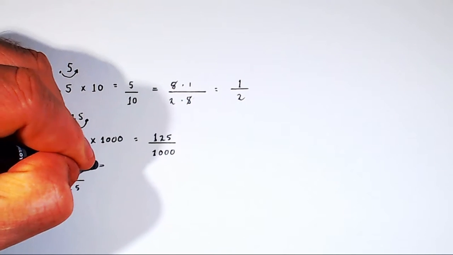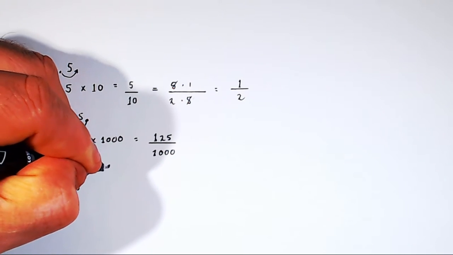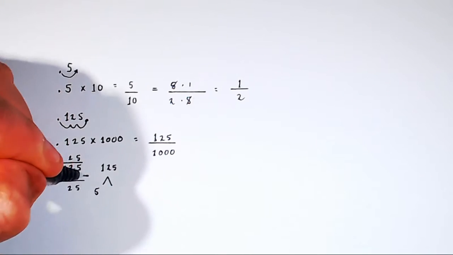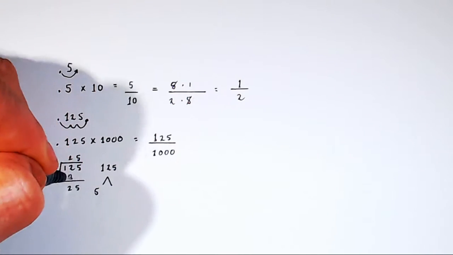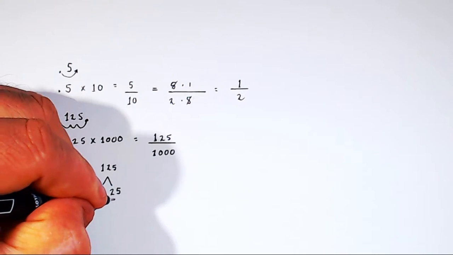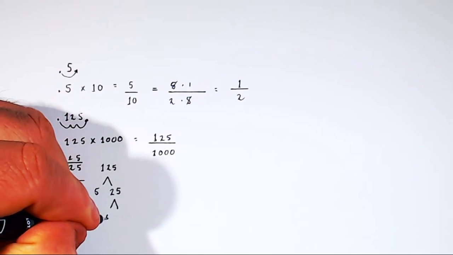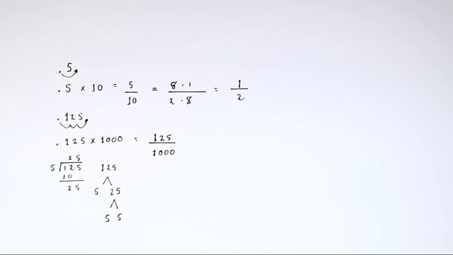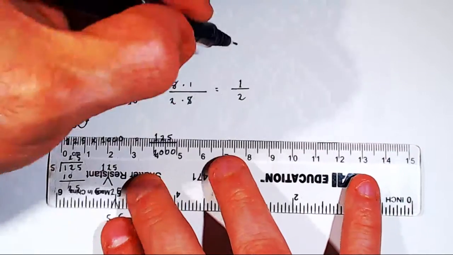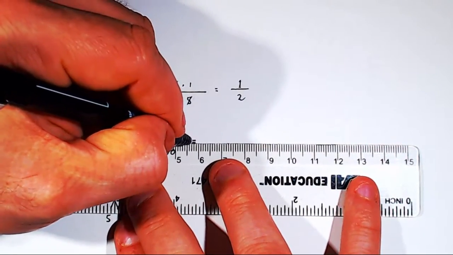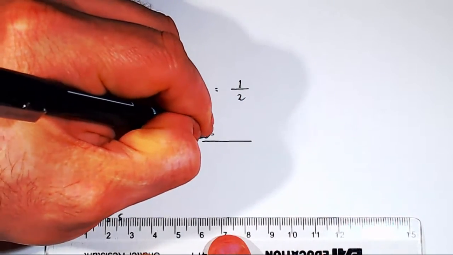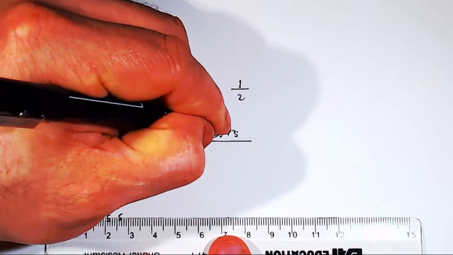We can write this as a tree if you're more comfortable with that. 125, here's 1 5 here, and then we had 25 right here. This isn't a prime number yet. 25 can be broken down into 5 times 5. So 5, 5, and 5 are prime numbers. Instead of writing 125, I could write 5 times 5 times 5.